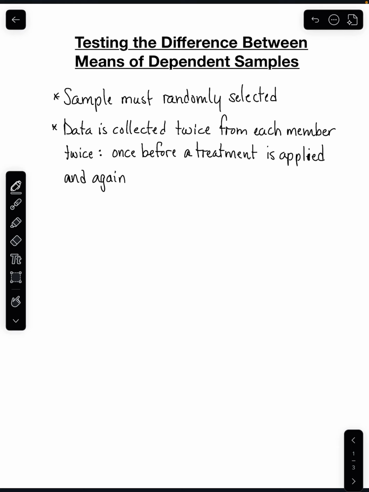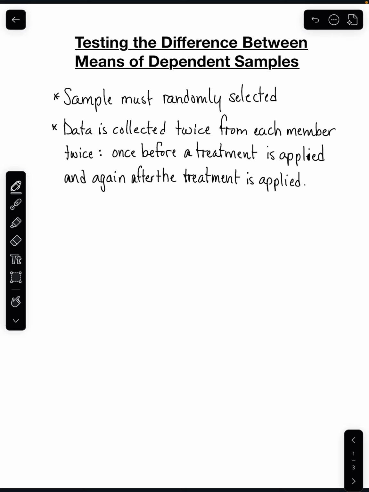The idea is to compare and see if the treatment made a difference. In this way, we have pairs of data values for each member of the sample.